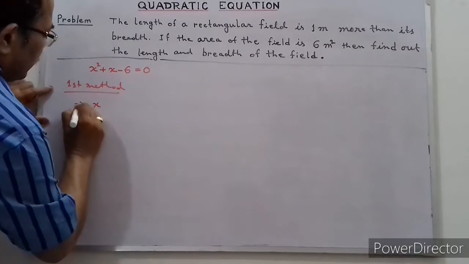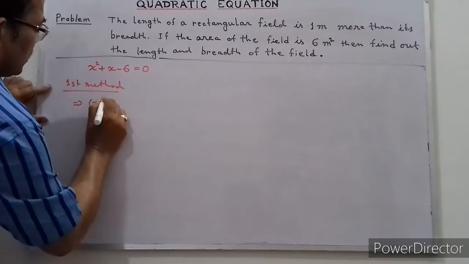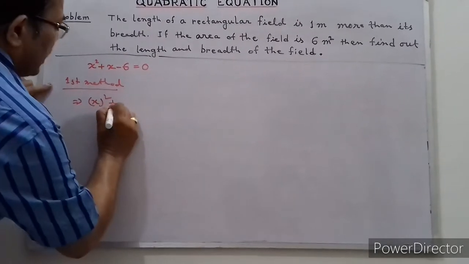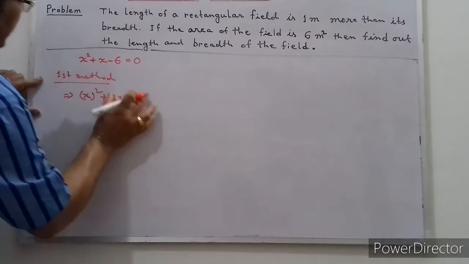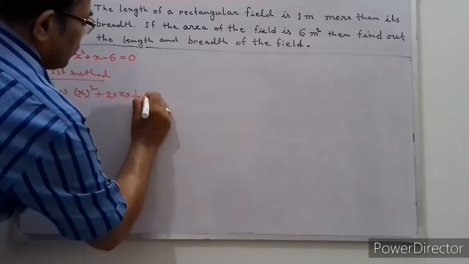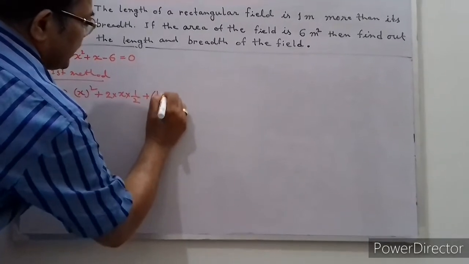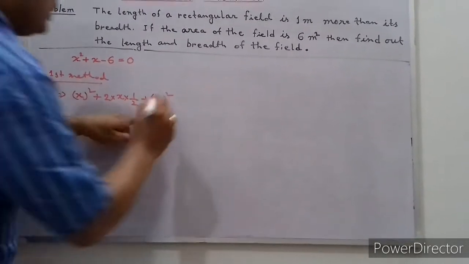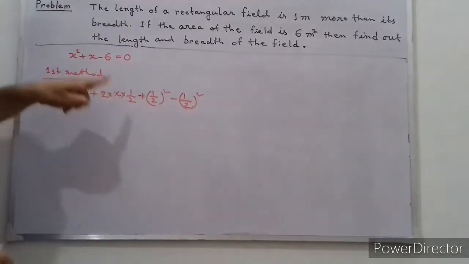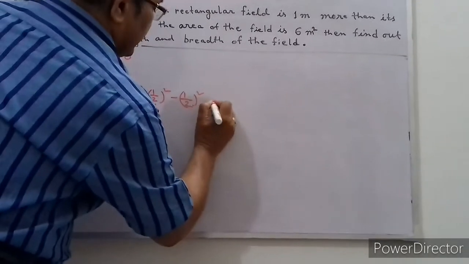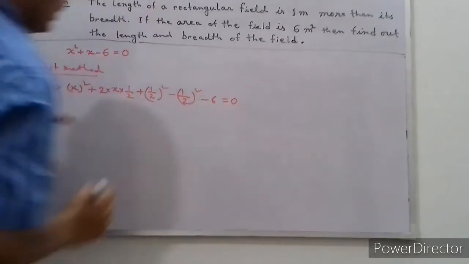That will be converted into the whole square of x plus 2 into x into half, that is nothing but x, plus the whole square of half, which is taken extra and has to be subtracted, half whole square, minus 6 equals 0.